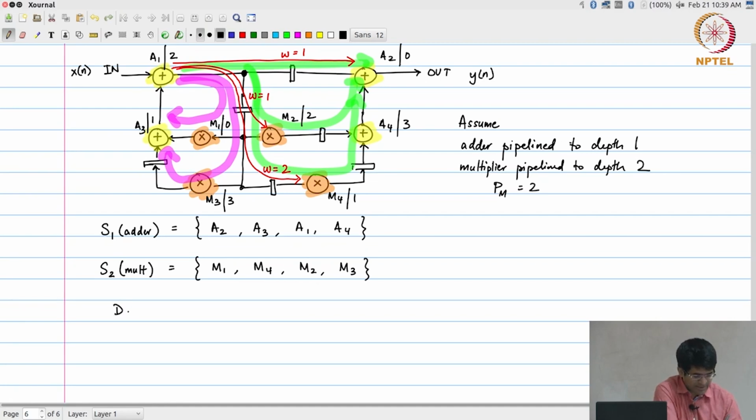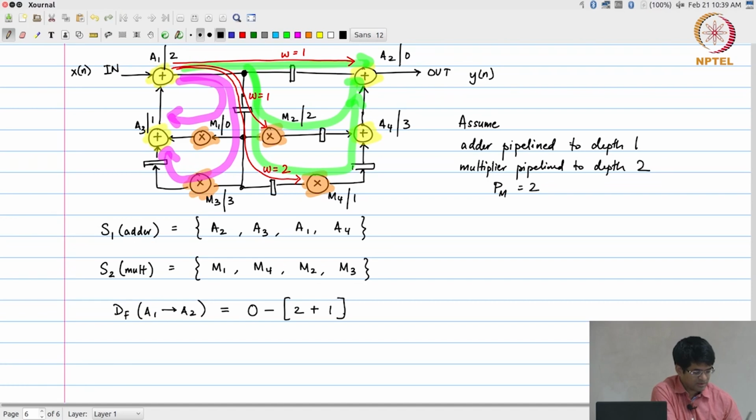Let us look at, for example, the DF value from A1 to A2. How would I compute it? I need the schedule time of A2, which in this case is 0, minus the finishing time of A1. A1 is an adder, it is scheduled at time 2, it has a pipeline latency of 1.